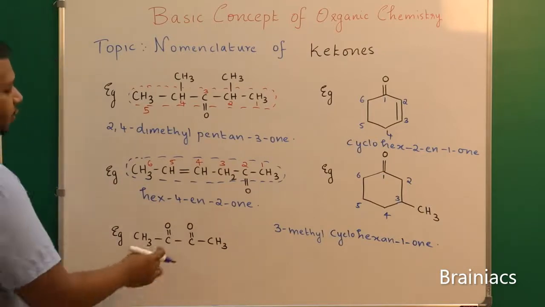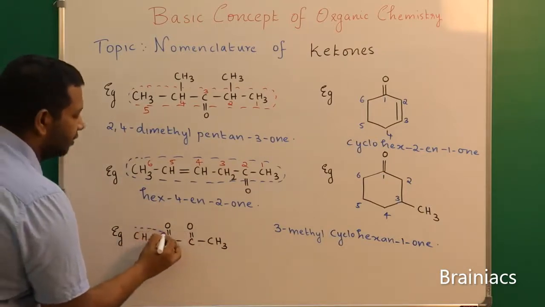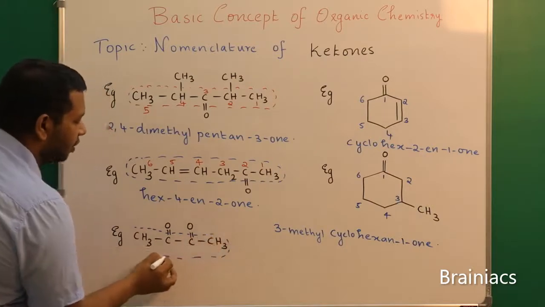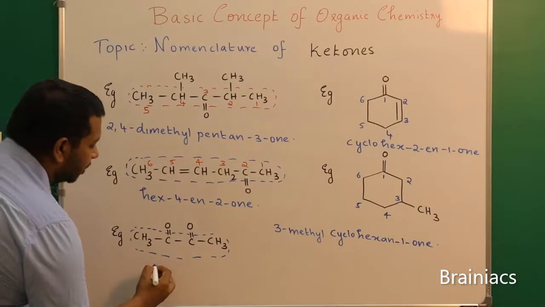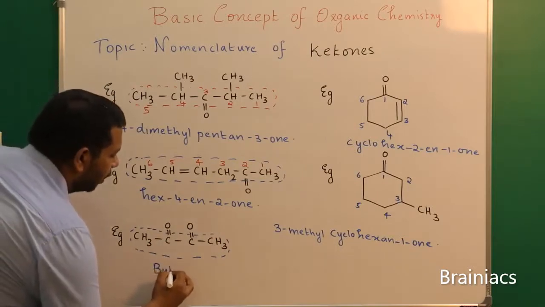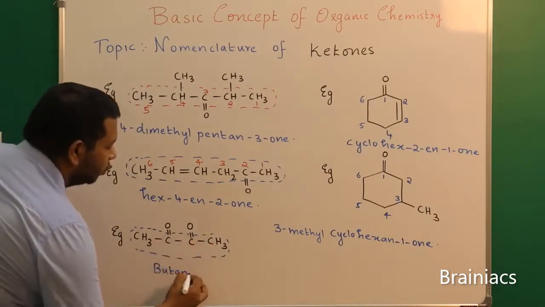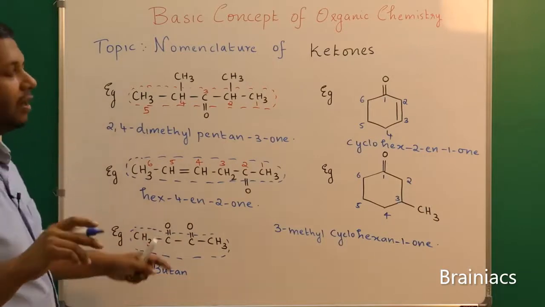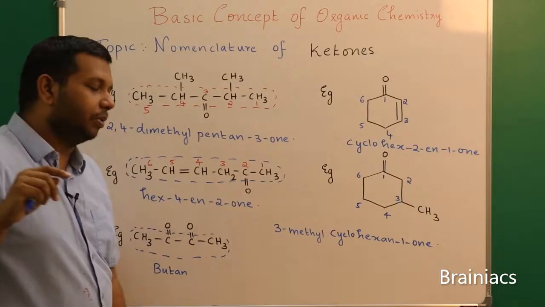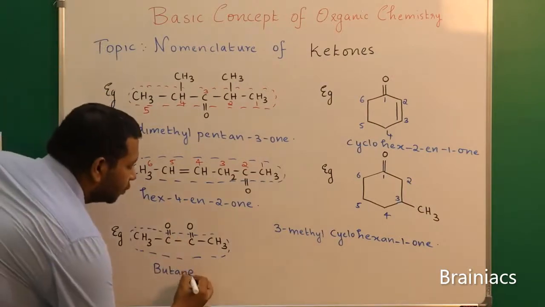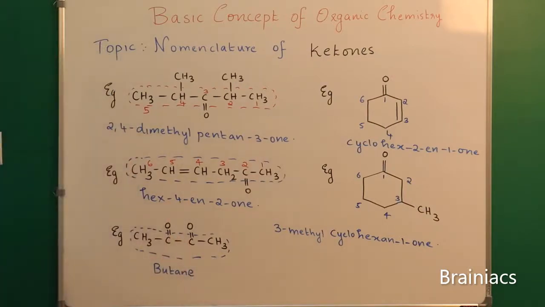So here you can see 2 C=O groups are there. So again this is my parent carbon chain, there is no doubt in that. So in this case, how many are there? 4 carbon atoms are there. So we use the term but. All are linked with a single bond, so we use butane. Please remember, whenever more than one C double bond O group is there, similar to the cyanide group, we should add e here also. So butane.